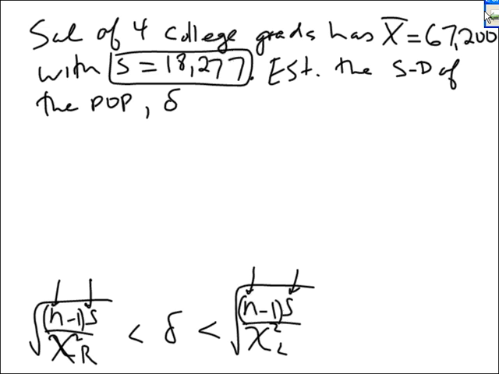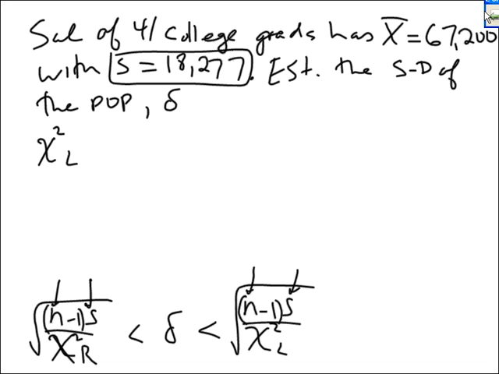A slight typo: the salary of 41 college graduates. So we randomly selected 41 college grads, and we computed their mean, average salary, and the standard deviation associated with these 41 college grads. So what we want to know is, what is chi-squared L?